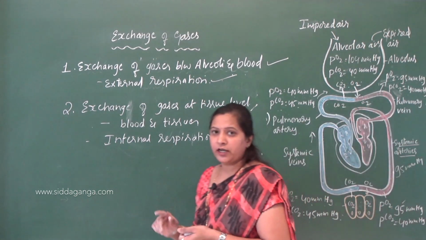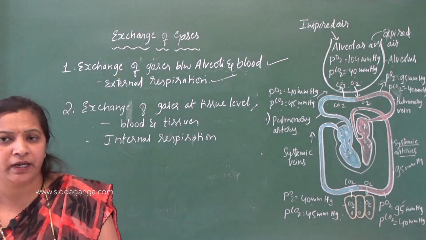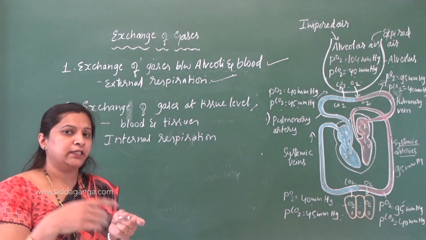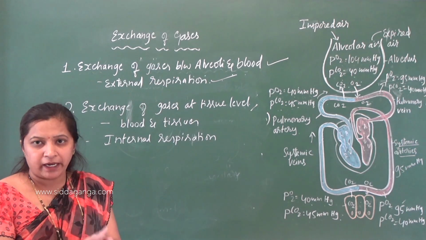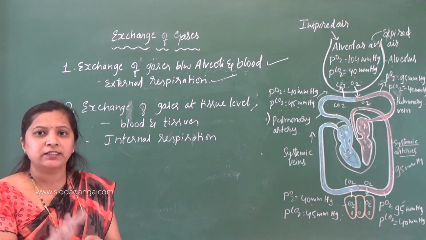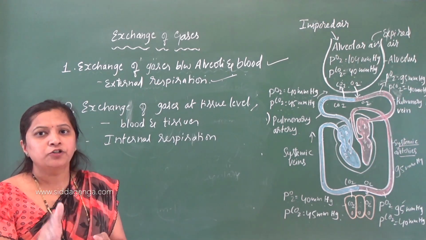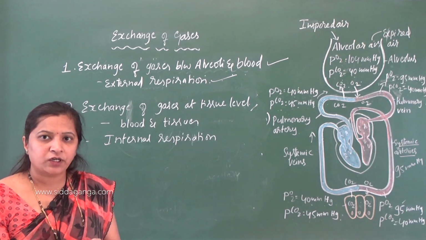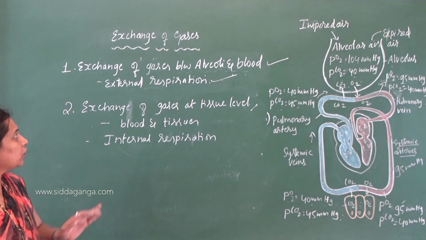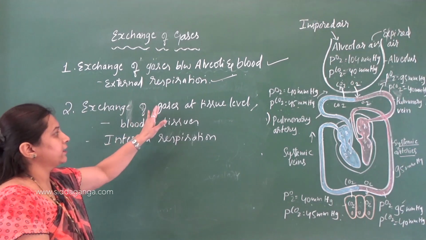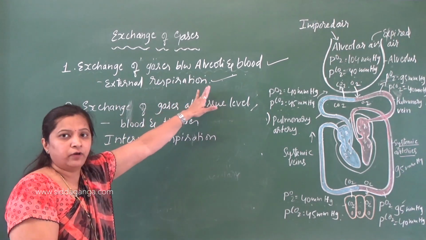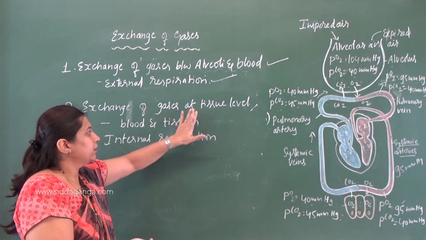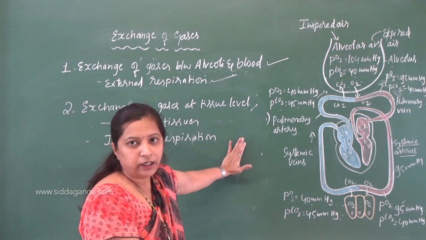Understood clearly how the gaseous exchange takes place? Exchange of gases mainly takes place because of the difference in the partial pressure between the two areas. Understood clearly?